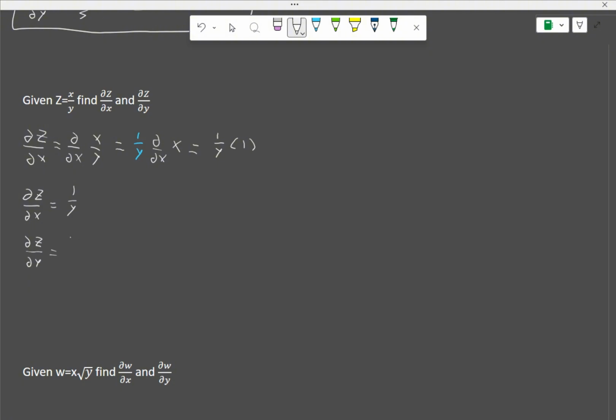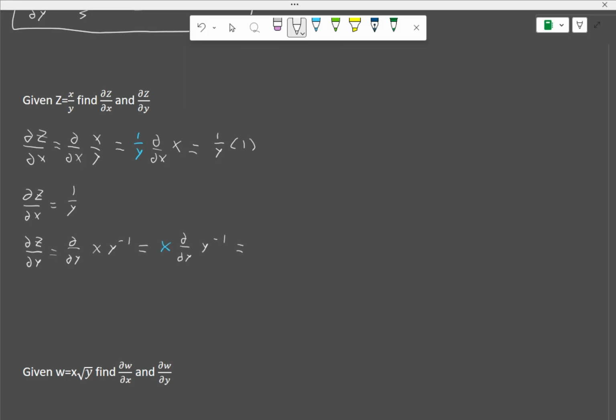So this equation can be rewritten as the derivative with respect to y of x times y to the negative 1. And you'll notice that we can pull out that x because it can be treated as a constant for now. So we're left with the derivative of y to the negative 1.